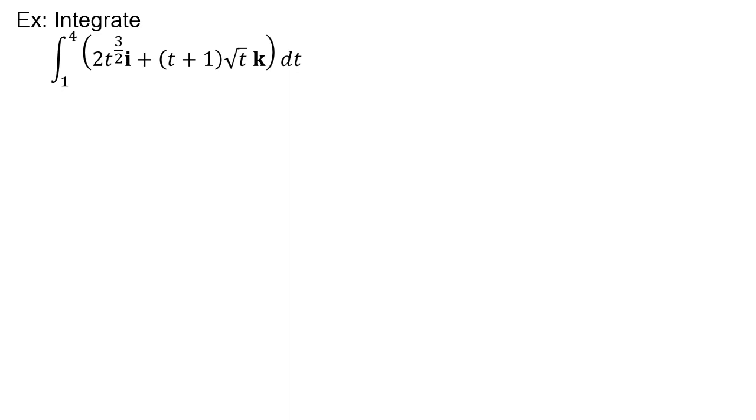If there is no j component, when we integrate it, we still have no j component. I will want to rewrite this one a little bit, though, to integrate it, mainly because of the root t. This root t right here is really t to the 1/2. And so I'm going to multiply that across so I can do the power rule.